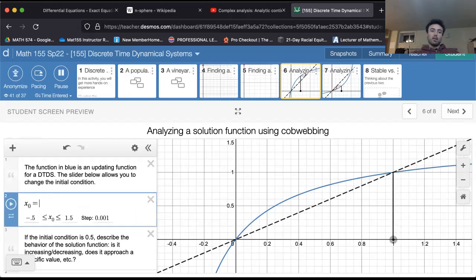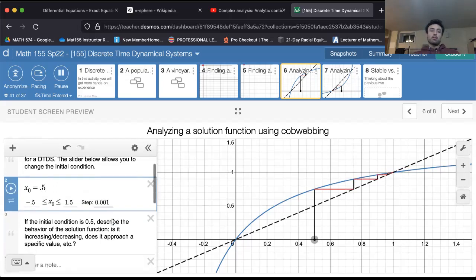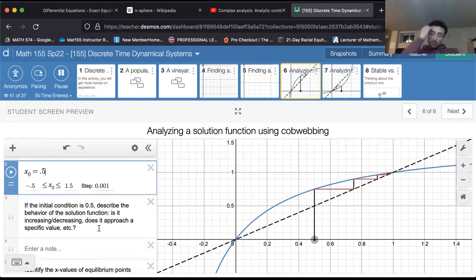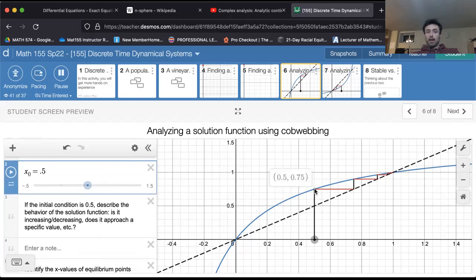Okay. So if my initial condition is 0.5, describe the behavior of the solution function. Well, I begin at 0.5, and one time unit later, I am at whatever this y value is, which in this case is 0.75. The next time unit, I'm at whatever this y value is, which is 0.9.